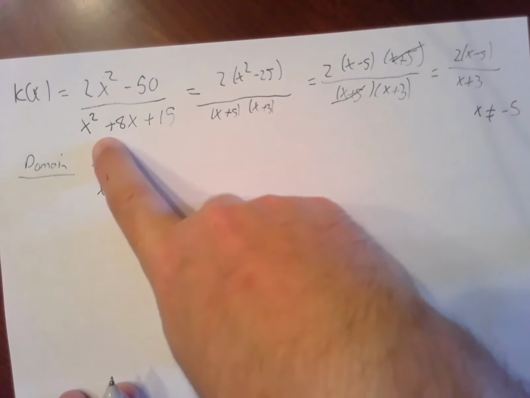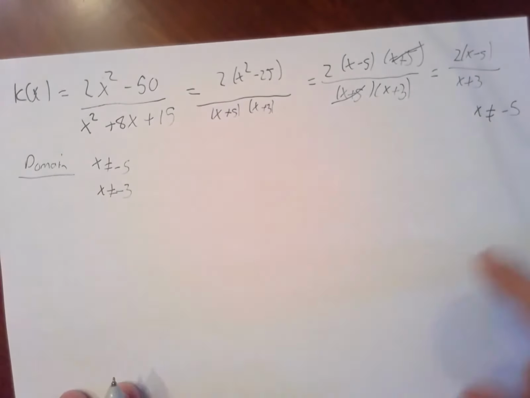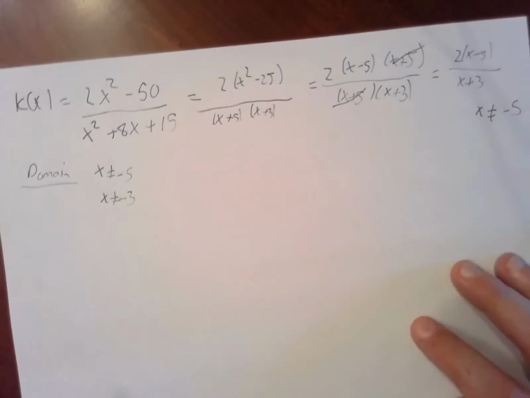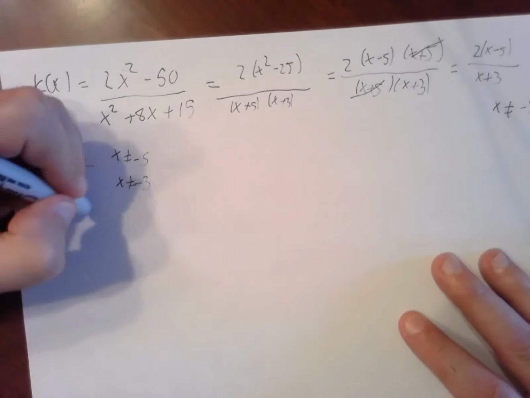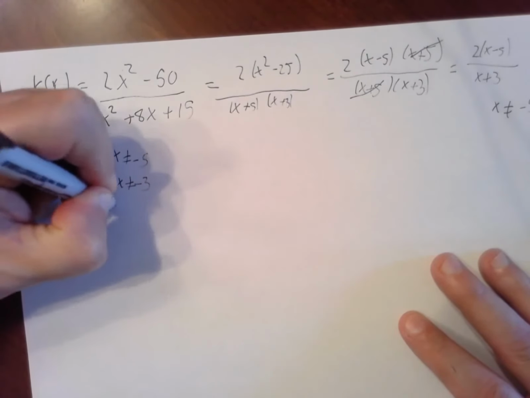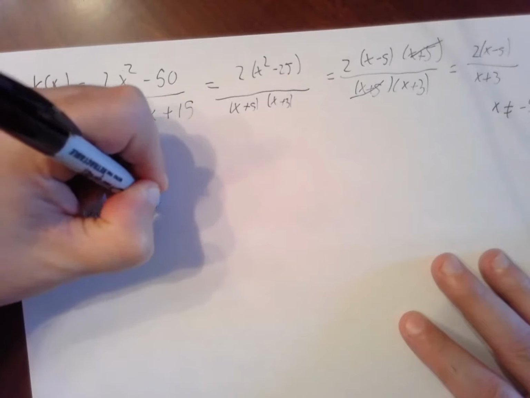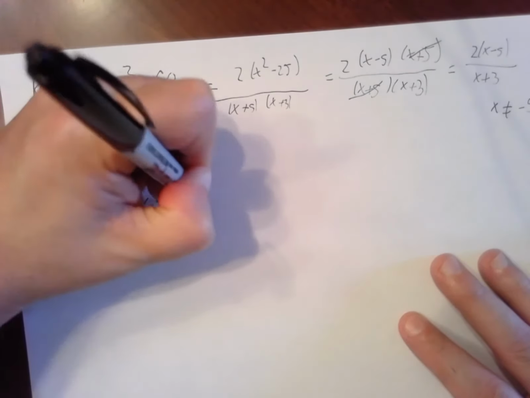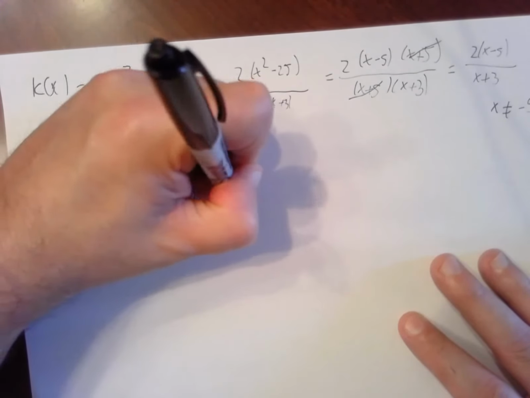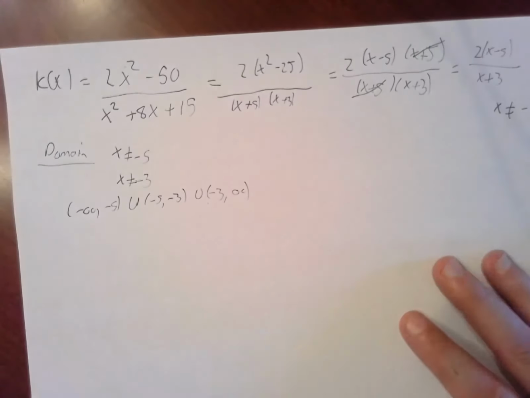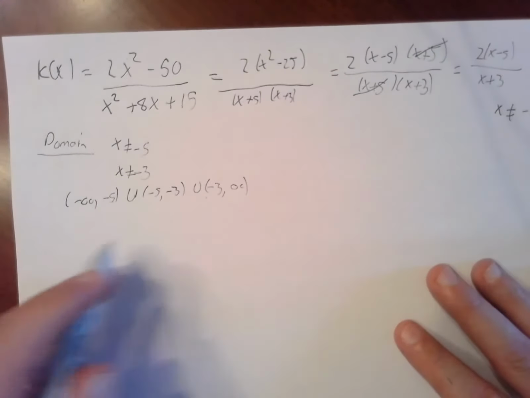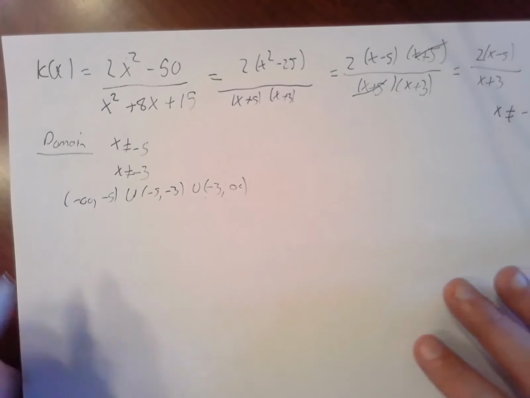It was a quadratic. Quadratics always have two solutions. I have two bad guys. So my domain is negative infinity to negative 5, negative 5 to negative 3, and negative 3 to infinity. 3 sections of domain. Okay.